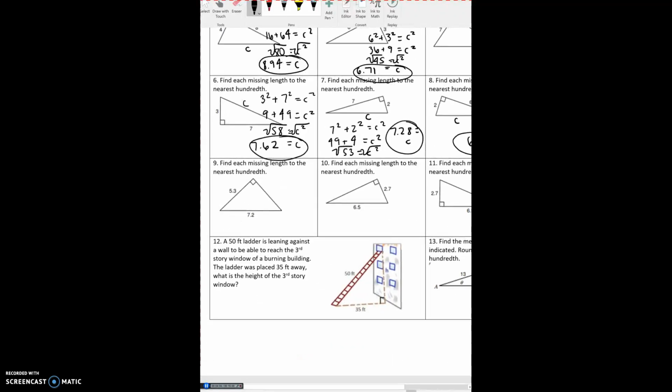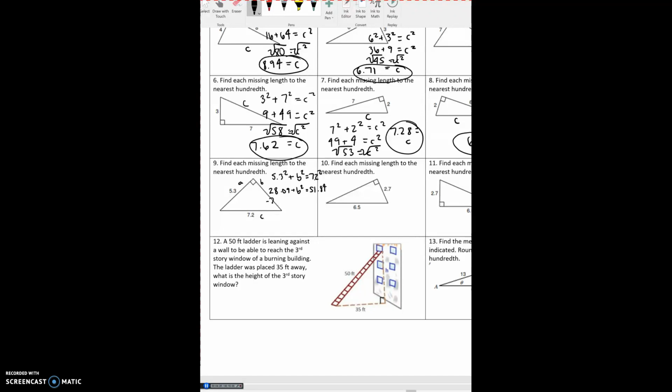Number 9. This time we are looking for one of the legs, or b, because this is a and this is c. So it'll be 5.3 squared plus b squared equals 7.2 squared. 28.09 plus b squared equals 51.84.